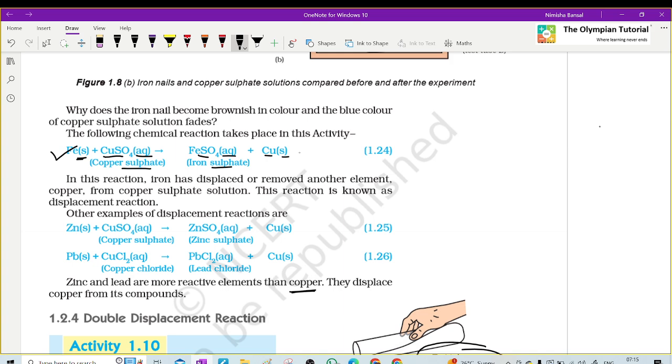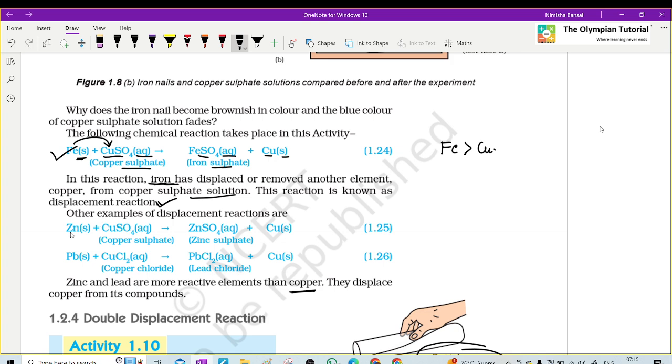Why? Because the more reactive iron displaces the copper from the copper sulfate solution. That's why this is known as a displacement reaction. So here iron is more reactive than copper.